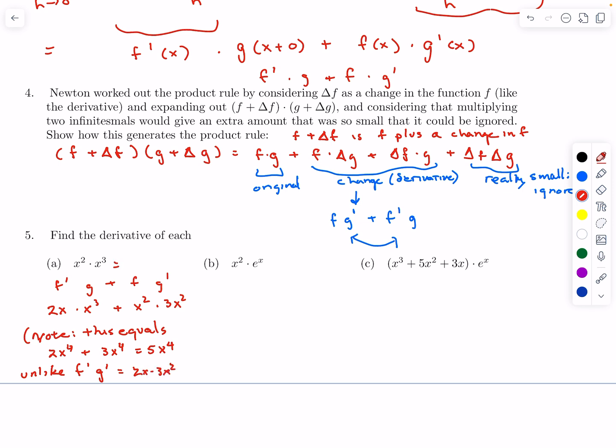Okay, because this is x to the fifth, so the derivative should be 5x to the fourth. The other thing you should notice is you don't need to simplify unless directed.